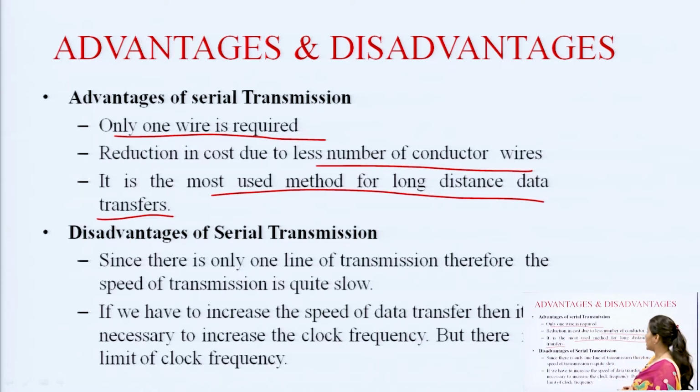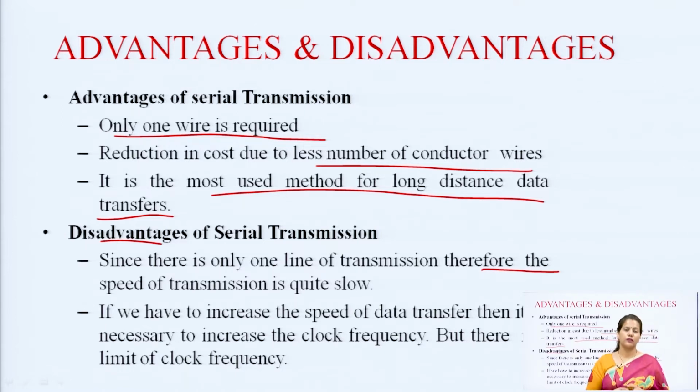Now, on the other hand, what are the disadvantages? Since there is only one line of transmission, what will be the effect? The effect will be directly on the speed. Since the bits are serially transmitted from one point to another, there will be a slower rate of transmission, so speed will be low. If we want to increase the speed, what can we do?